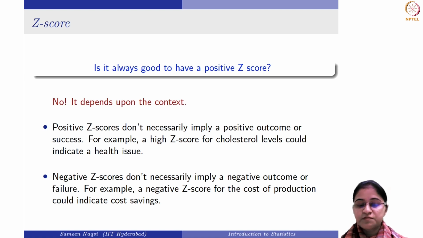In that case, it means that you have done some cost saving over there. So negative z-scores do not always imply a negative outcome. Similarly, positive z-scores also don't imply that you are referring to some success only, as you can see in the case of cholesterol levels. So you have to identify the context of the problem and then decide the behavior or the nature of the z-score.